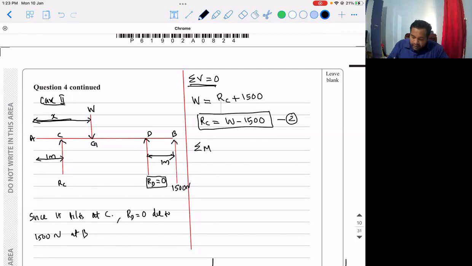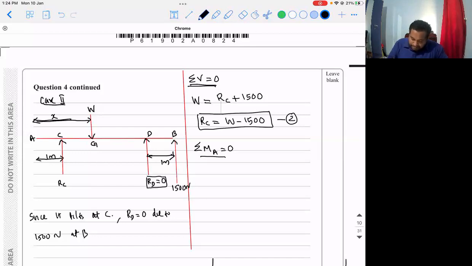So I'm taking moment about A, because make sure that while taking moment, try to include RC in that moment. So I'm taking moment at the A, because my aim is to eliminate this RC. Moment about A is equal to 0.